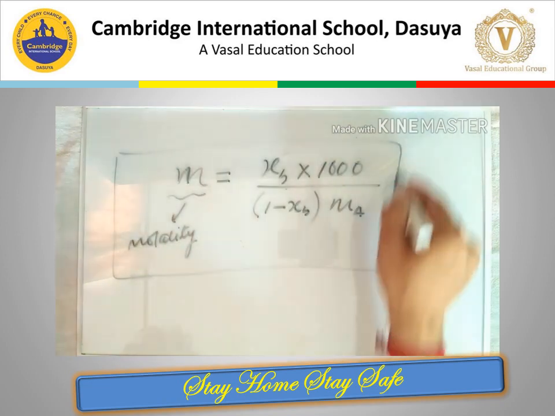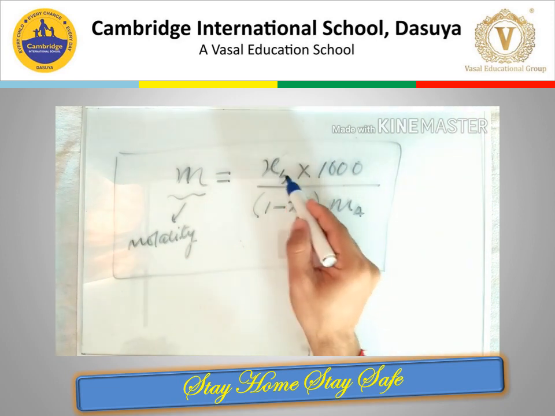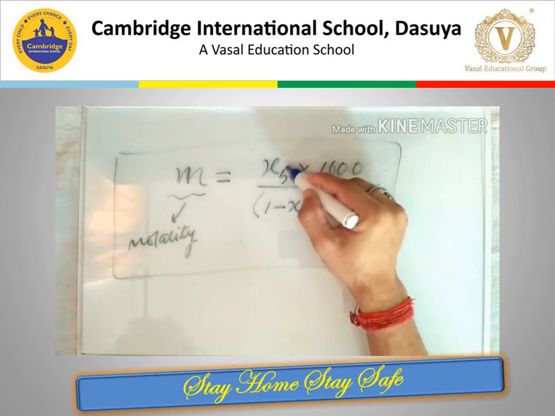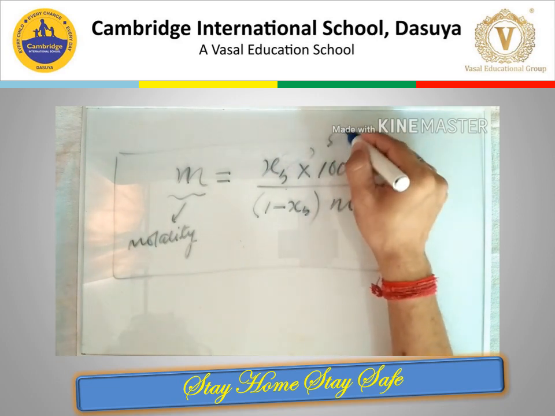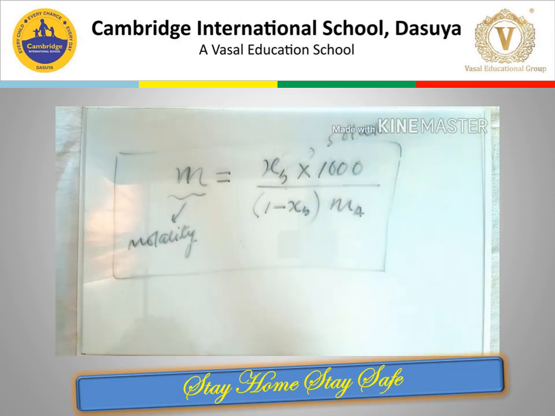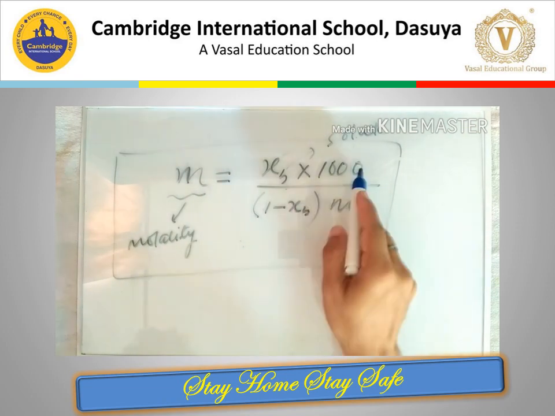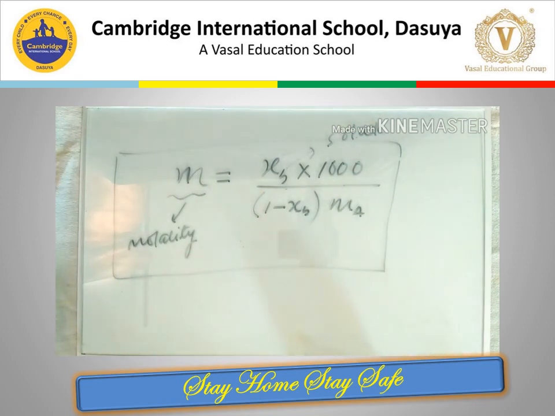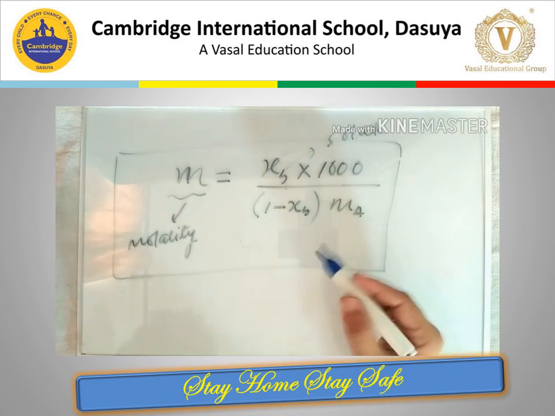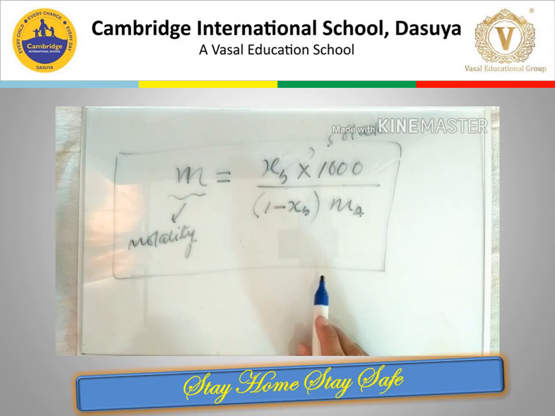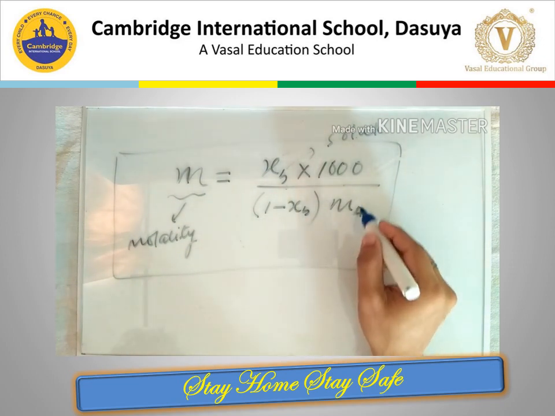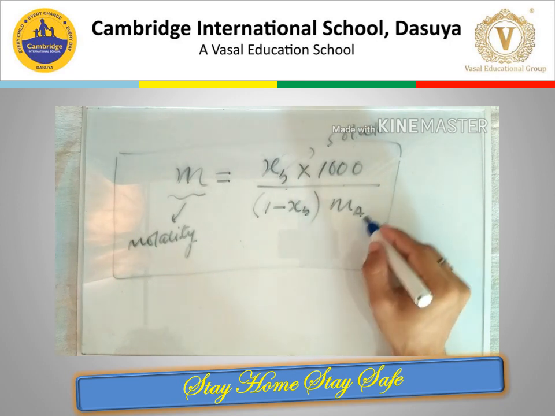Molality equals the mole fraction of B, B is here the solute, into 1000. If it is to be converted into kg, if it is given in terms of gram, then we have to multiply by 1000. Divided by 1 minus chi B into the molar mass of the solvent.